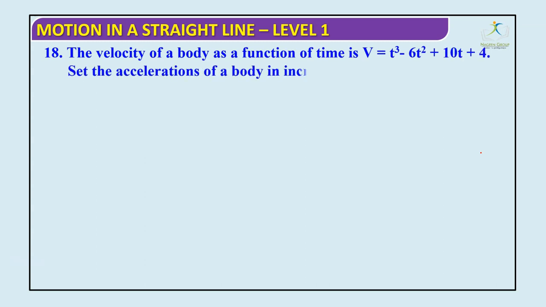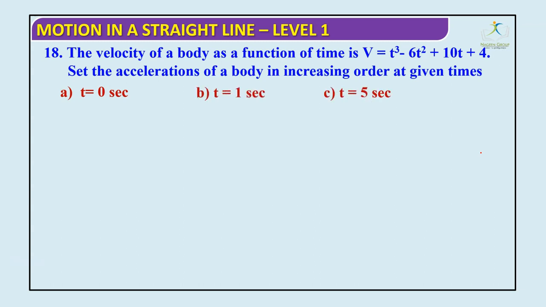Next question is, the velocity of a body as a function of time is v equals t cube minus 6t square plus 10t plus 4. Set the acceleration of the body in increasing order at given times: t equals 0 second, t equals 1 second, t equals 5 second.